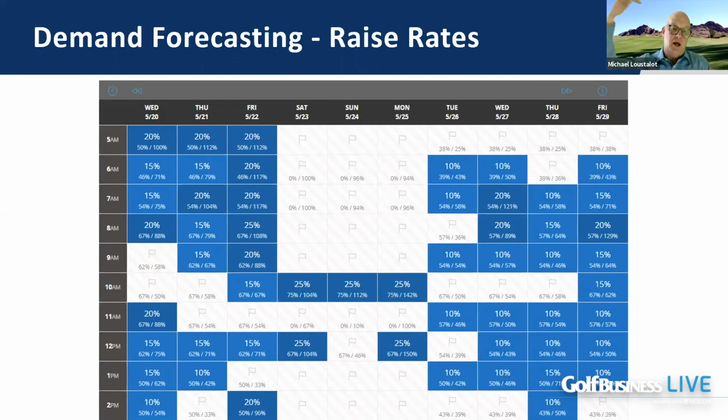Because if you tend to overshoot your base rate and raise it to a level that the marketplace might say, wait a second, these guys were a $65 rate last year, they've just jumped it to 95. What that's going to do is present itself in demand. If it's too high, it's going to present itself in demand that is falling below the historical pace. And then the system is going to kick in and reduce the rate.